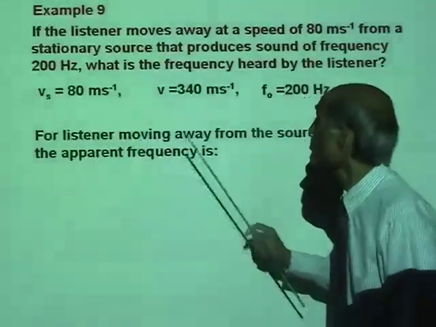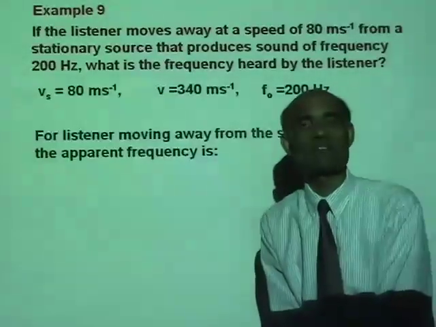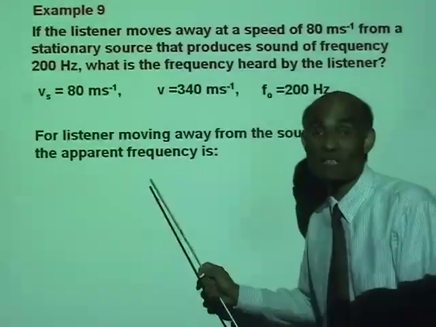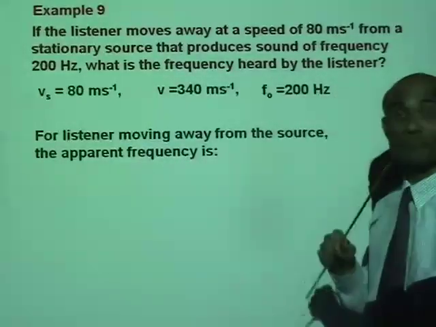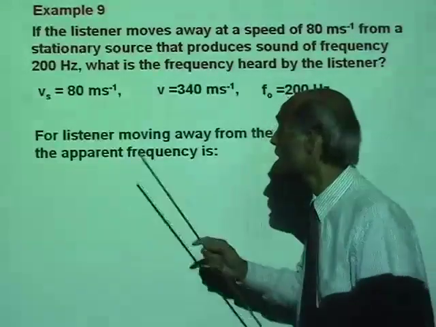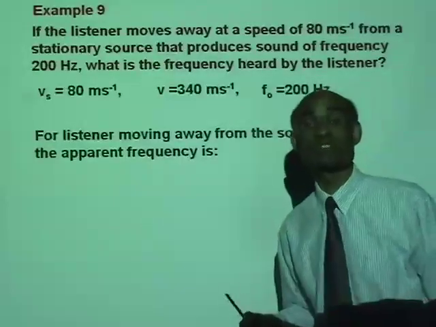For a listener moving away from the source, what is the formula for the apparent frequency? Can you look back in your notes and look for that particular equation? Frequency as heard by a listener who is moving away from a stationary source.